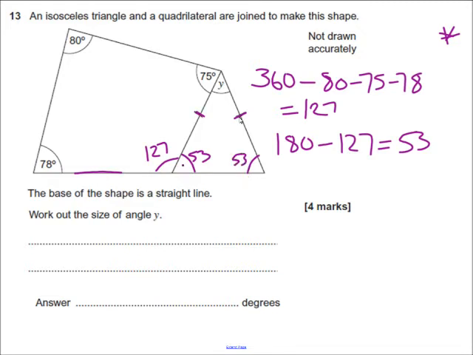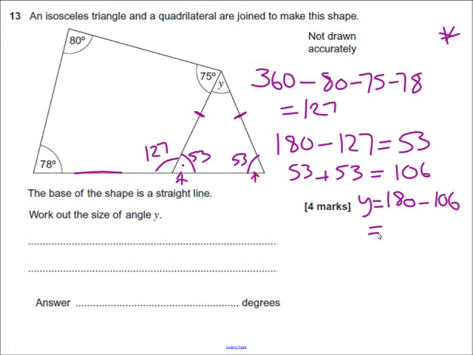So the 2 equal sides have the 2 equal angles at the bottom. So we have a total so far of 53 degrees plus 53 degrees inside our triangle, and that is 106 degrees. So Y must be equal to 180 degrees, because that's the total of the angles inside a triangle, take away the 106 degrees for the 2 angles we already know. So the missing angle must be 74 degrees. So the answer is 74 degrees.